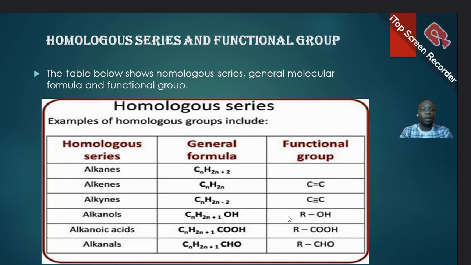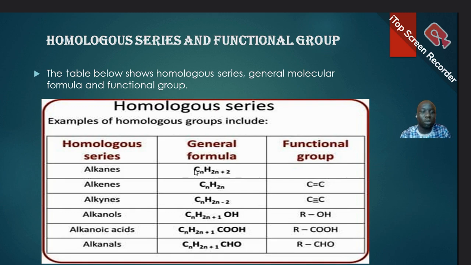Now we look at the homologous series of some selected families and their general molecular formula and the functional group. We have the first one, the alkane, CnH2n+2.